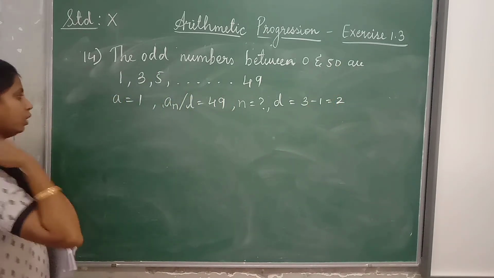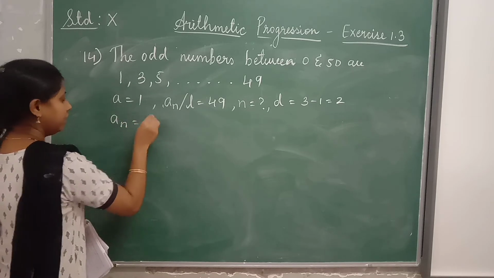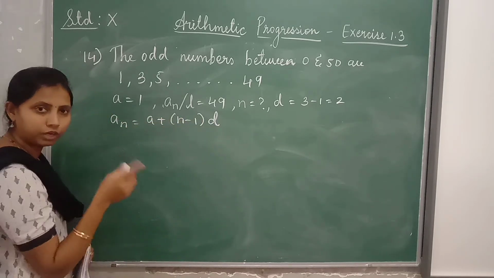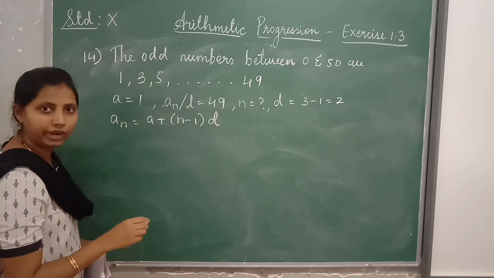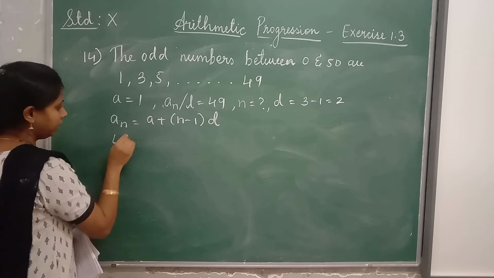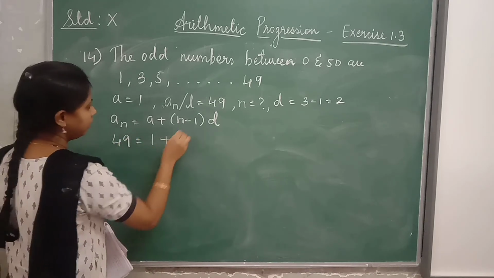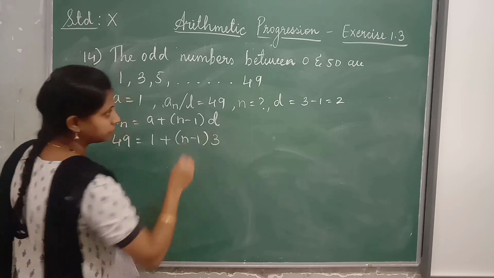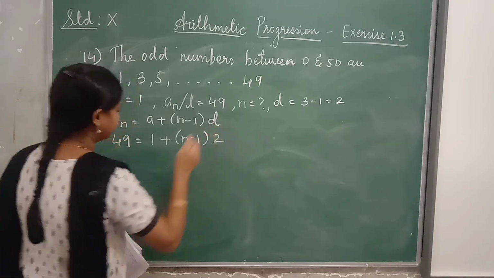Now find n first using an equals A plus (n minus 1) into D, the number of terms between 0 and 50. From 1 to 49, how many terms are there? an is 49, A is 1, n minus 1 we have to find, D is, sorry, D is 2.